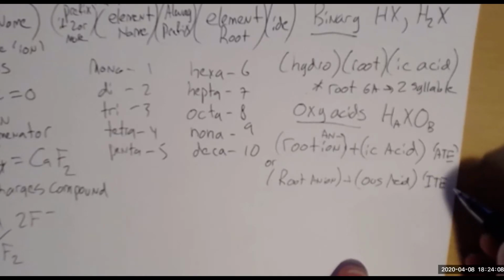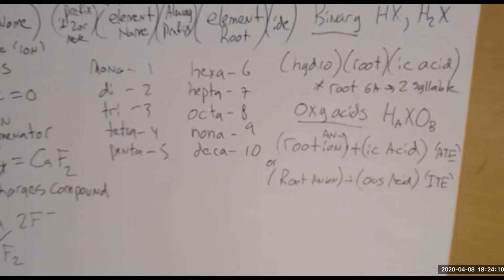So all of the anions that make oxyacids end in either ate or ite, like sulfate, sulfite, nitrate, or nitrite.